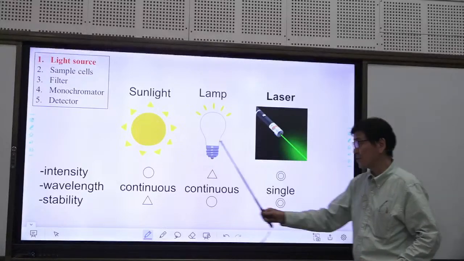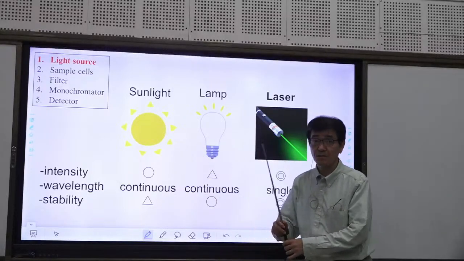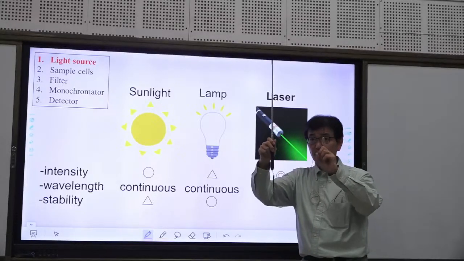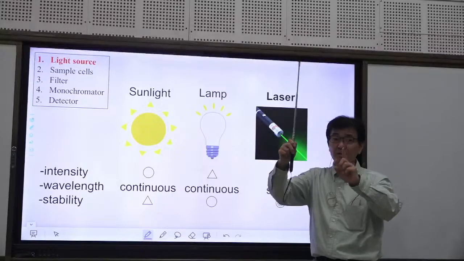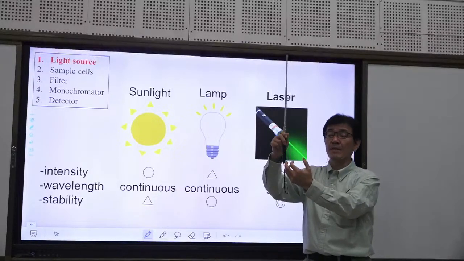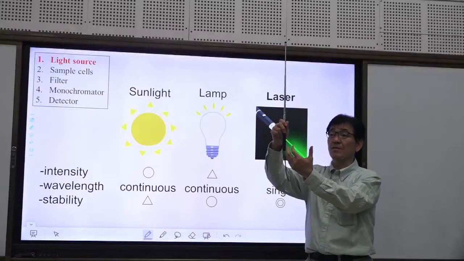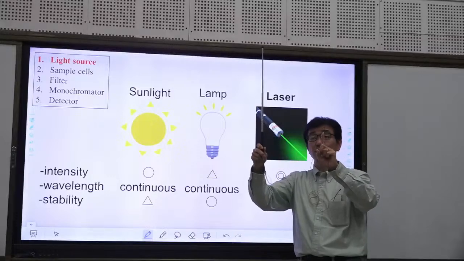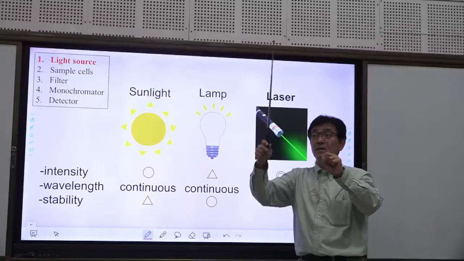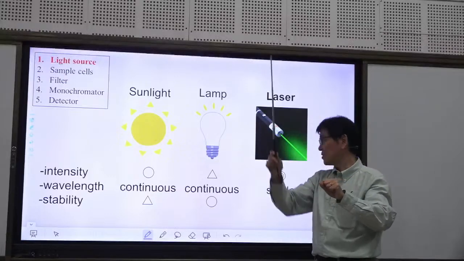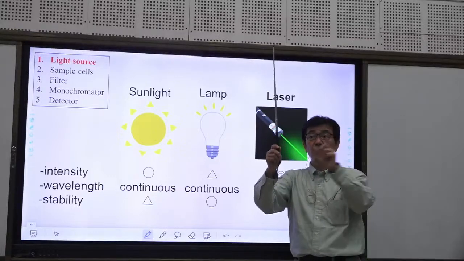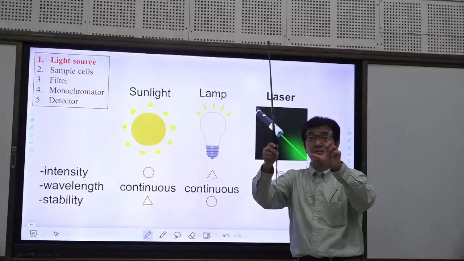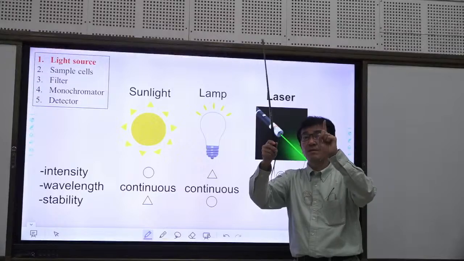If we use a continuous light as a light source for Raman scattering, what happens? The Raman signal occurs at a certain position energetically apart from the excitation light. So, for example, let's consider 1000 wave numbers. If this is a monochromatic single wavelength, the distance from this wavelength is only 1000 wave numbers.